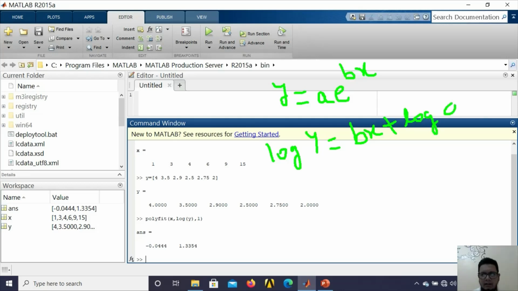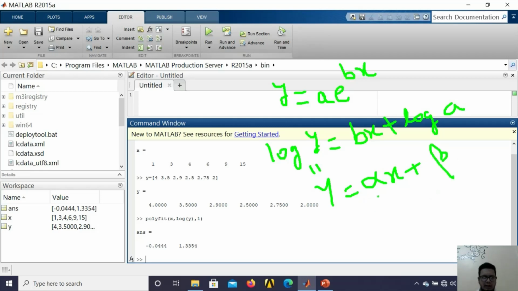Now this is in a linear form. So I can write log y as capital Y, is equal to bx as alpha x, and log a as beta.